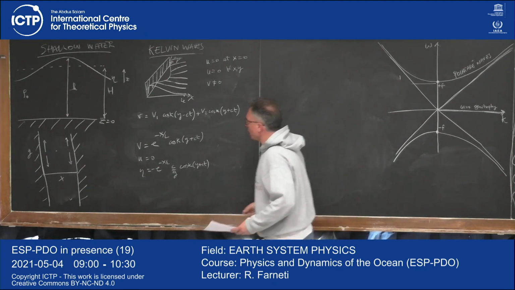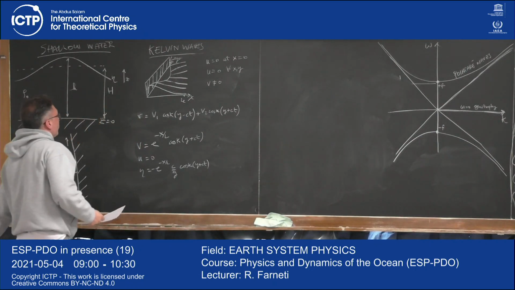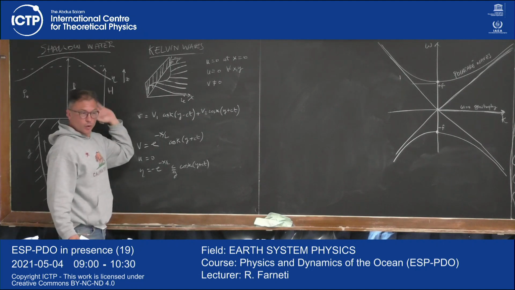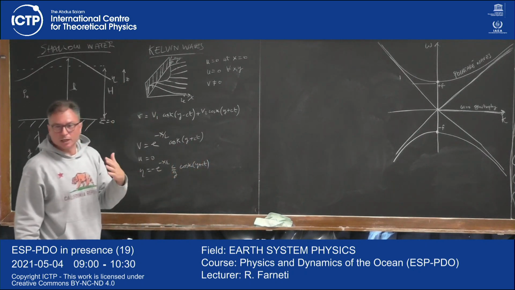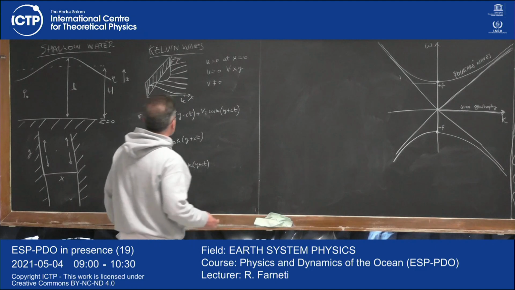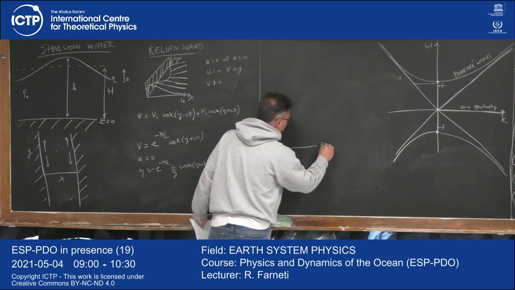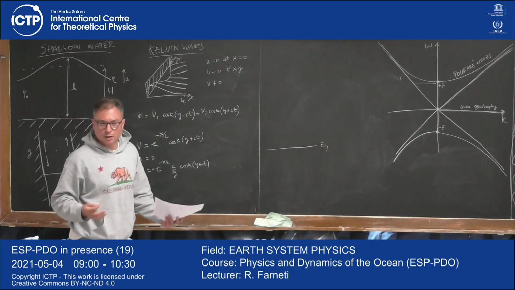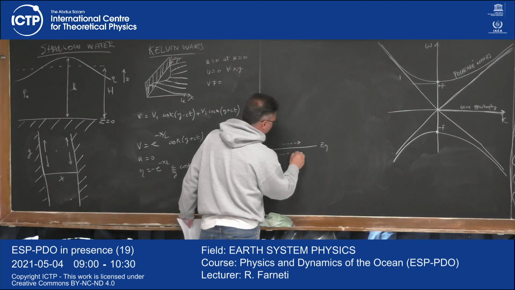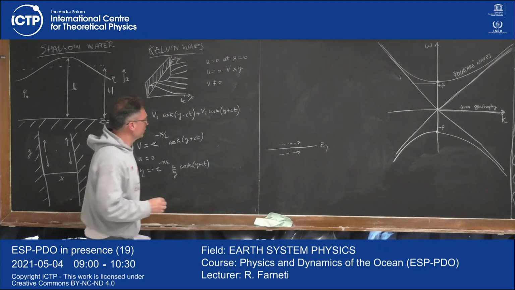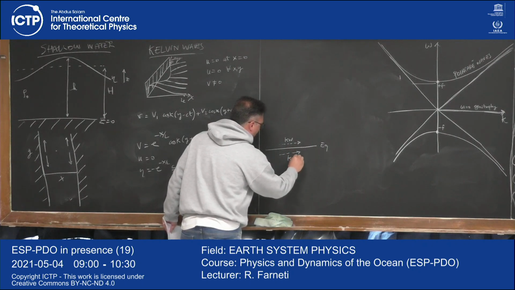So why are Kelvin waves interesting? We said they are trapped by the meridional wall. The meridional wall could be a coast in the ocean, for example, or it could be a waveguide like the equator. You have probably seen with Fred Kucharski that at the equator, if you have looked at El Nino, how do you form El Nino? Well, you have Kelvin waves propagating along the equator. So this is a Kelvin wave in the northern hemisphere, and this is a Kelvin wave in the southern hemisphere.